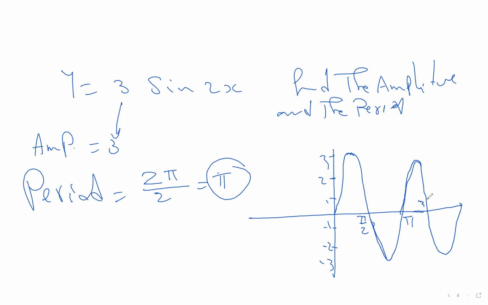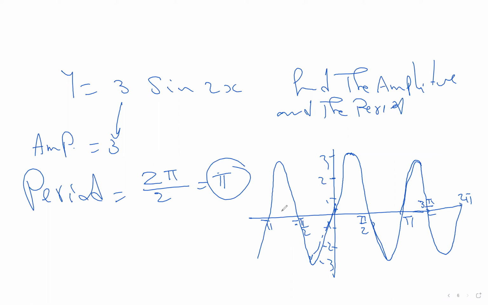And this is 3 pi over 2, and this is 2 pi, and you can complete this to this side. Okay, negative pi over 2, negative pi, and so on.